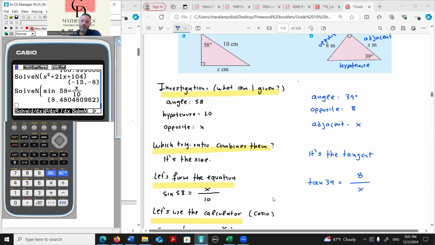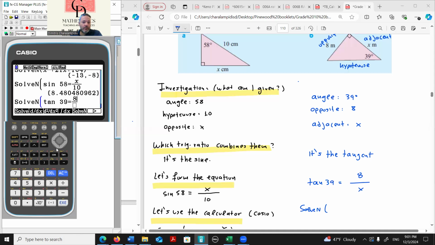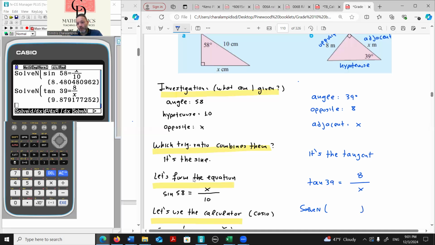Now I'll go to the solveN command in my GDC, or the nSolve if you're using the TI, and I'm going to plug it in. Tangent of 39 equals 8 over x. X should be 9.88.